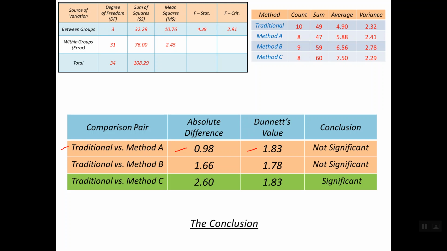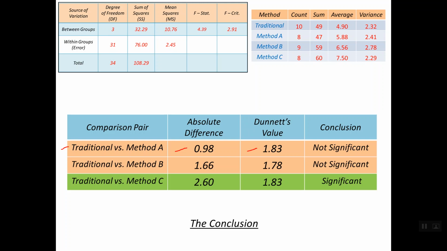So the absolute difference is less than the value for the Dunnett's test. So we conclude here that there is no significance between the average for the traditional method and the average of method A. In this case, we accept the null hypothesis, which states that the two methods, the traditional and method A, have the same means.